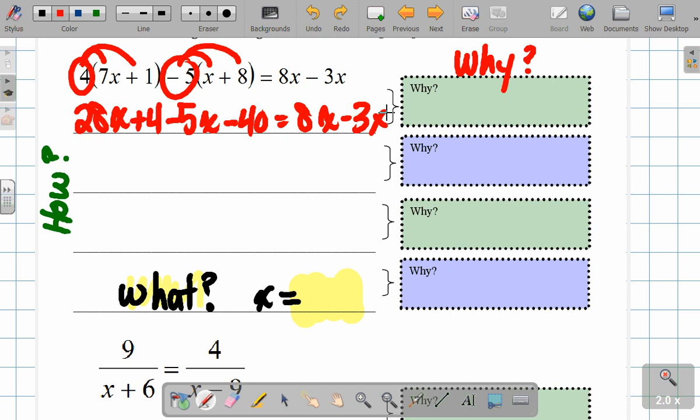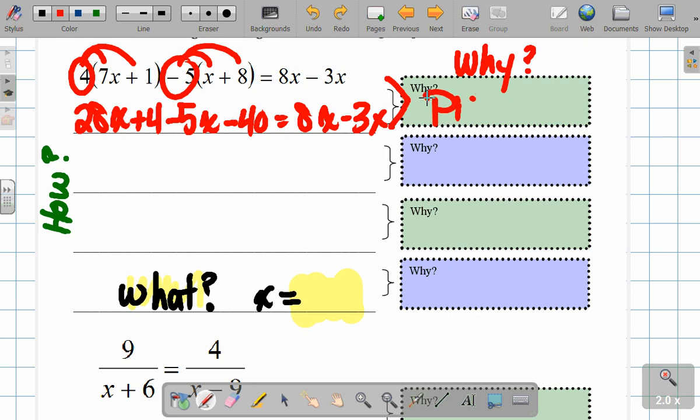Now, you're looking in your reference booklet for what was the mathematical truth. What is the mathematical reason why? Yes, that is the reason why you can take that step.